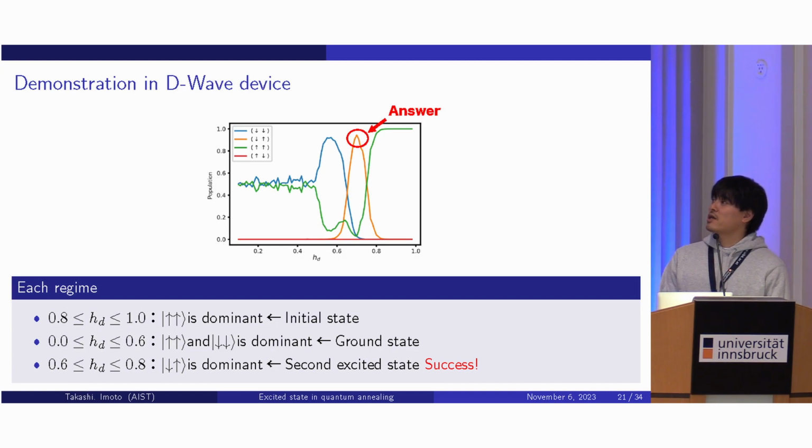And finally, when HD is more than 0.6 and less than 0.8 regime, down up is dominant, and this is the second excited state, and so success. Okay, so here.